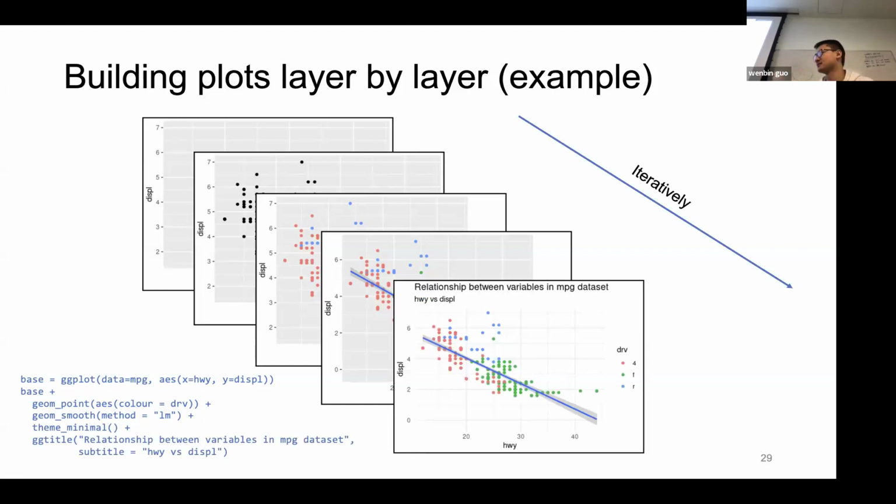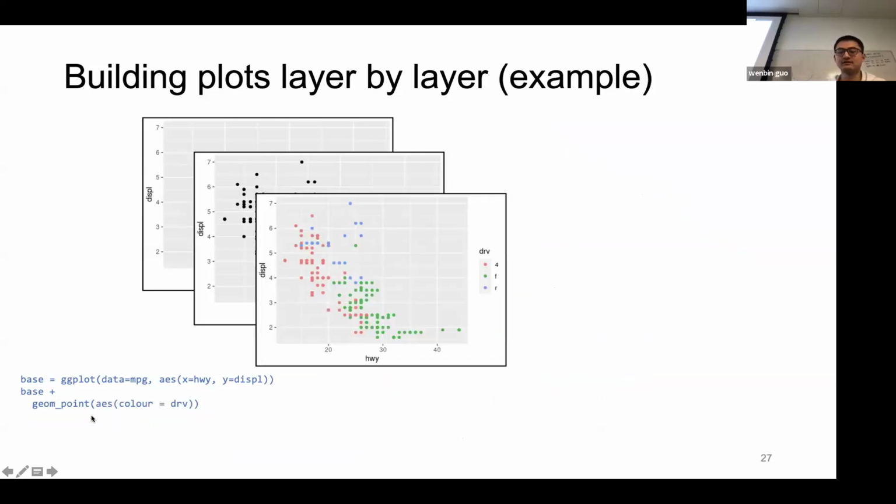Lastly, you can slightly adjust the theme. As we said, theme is non-data related. You want to put some labels into your figure, like the title and subtitle, or adjust the background color, etc. Those are what themes do. Here you can see that we use the plus sign to build on the base plot, adding different components one by one, and you will see different results.